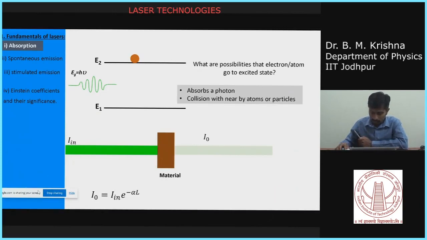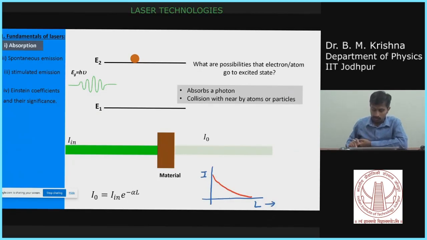If you plot I versus length L, you can see the intensity decreases as the length increases. As the length increases, the output intensity decreases, because more electrons will be excited to the excited state, so the photons lose energy.